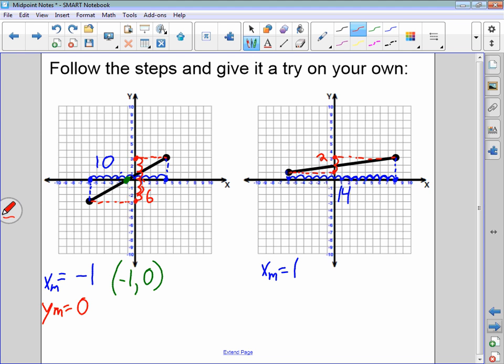And for my y value, half of 2 would be 1, and I'm at 2 for the y value of the midpoint. So now I put them together as an ordered pair. I get 1, 2. So I come over to 1, go up to 2, and this would be my midpoint right here.